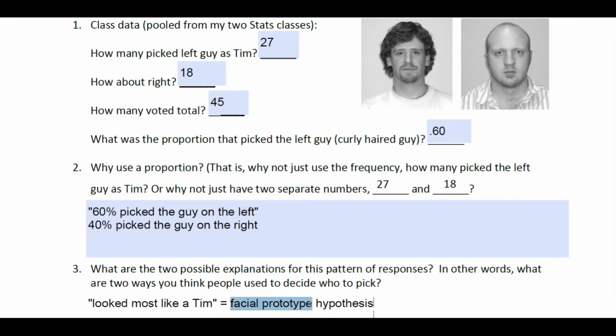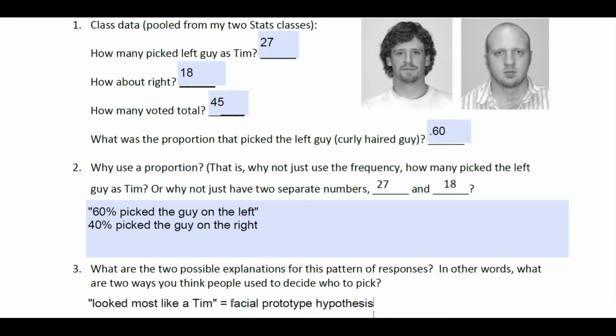If you hear a name, do you tend to think of certain characteristics of what that person would look like? Or have you ever met somebody and they tell you their name and you think, you don't look like a Charlotte, or whatever the name is? In this case, if these guys both came up to you and introduced themselves as Tim, would you think, he doesn't look as much like a Tim as the other one?